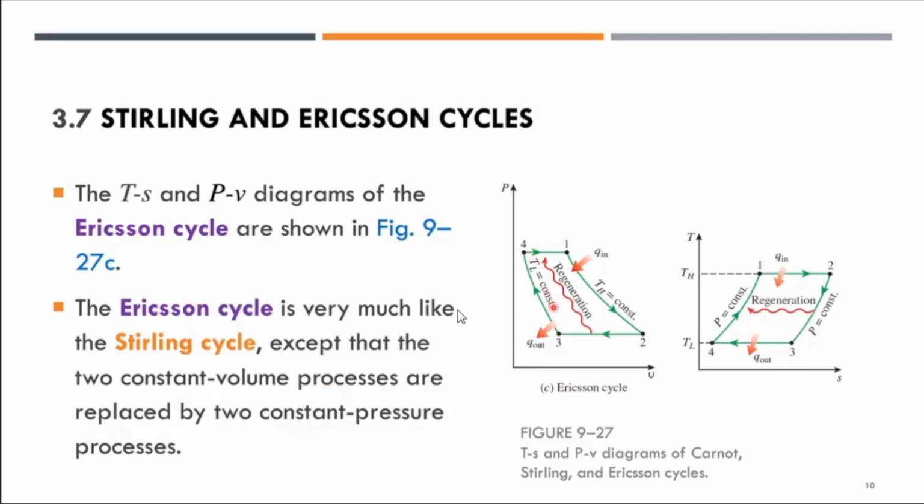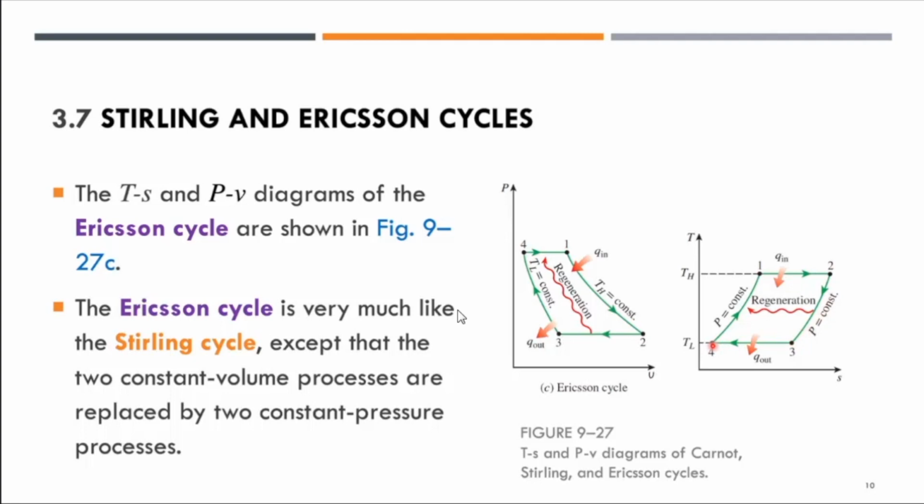As you can see here, from state 2 to 3, we have constant pressure, and from 4 to 1, we have constant pressure as well. Similarly here, for the temperature, from 1 to 2, it is at constant temperature, and 3 to 4, it is at constant temperature as well.